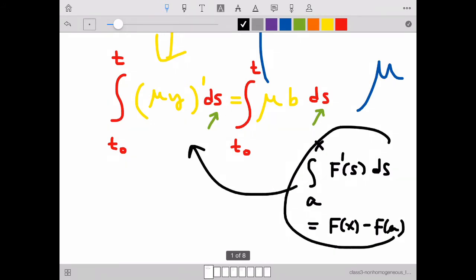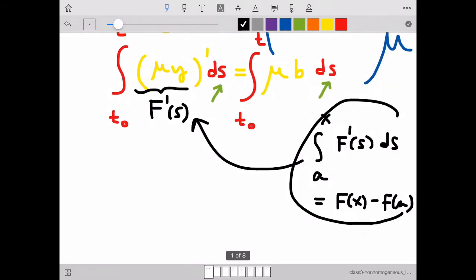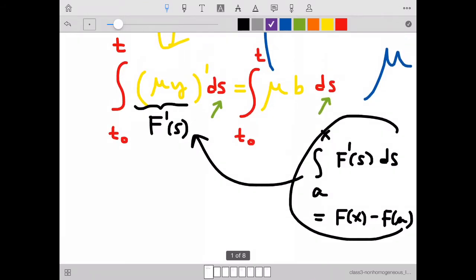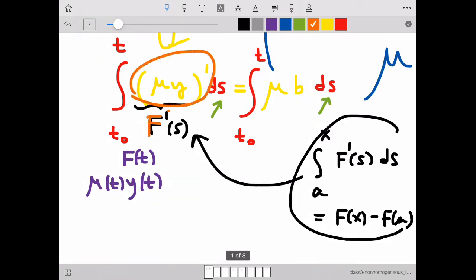We apply this here, calling this big F prime(s). Then we get mu(t) y(t), which becomes big F of t, because this whole thing is big F prime, so F is mu times y.